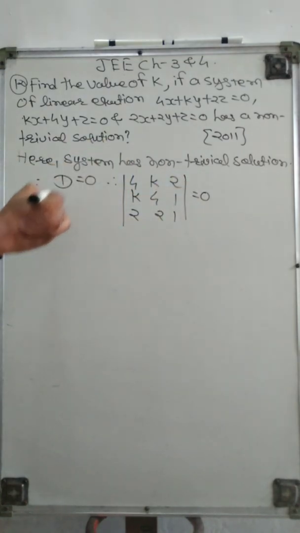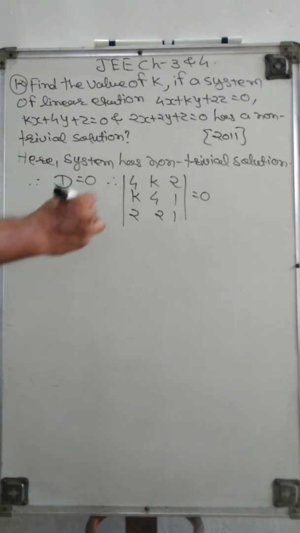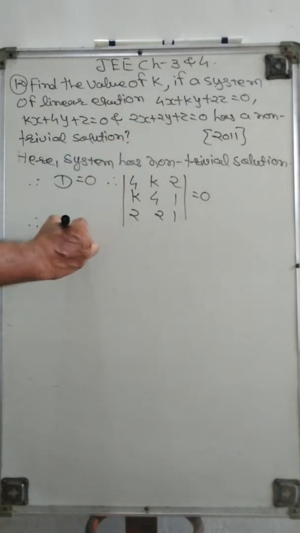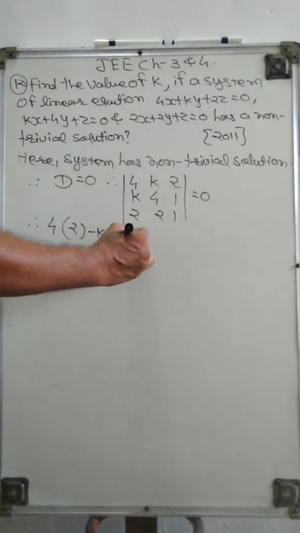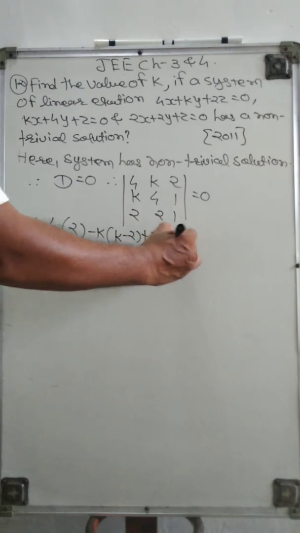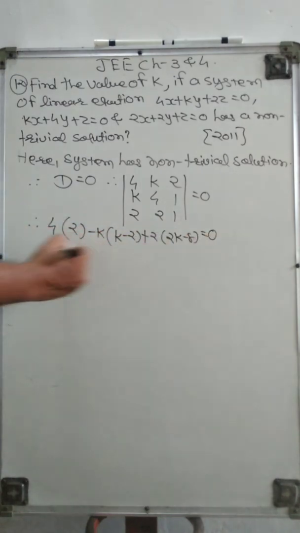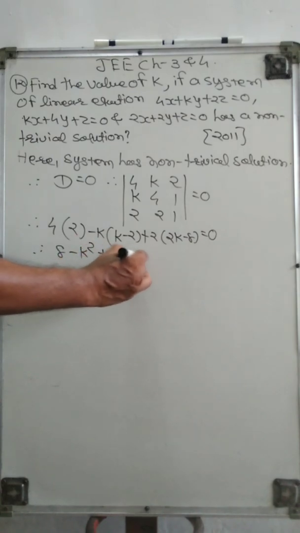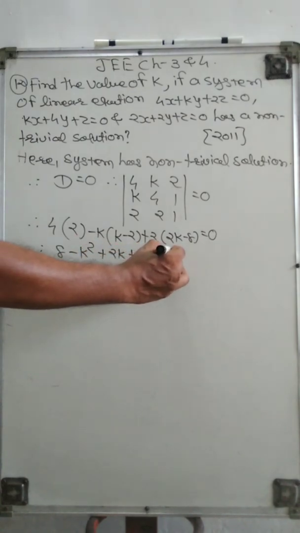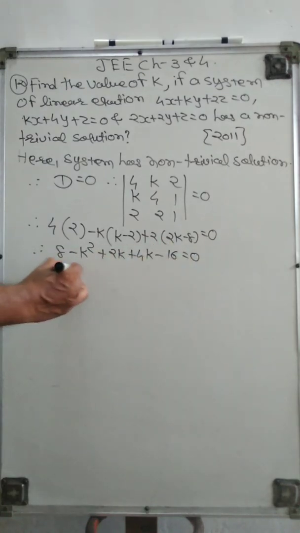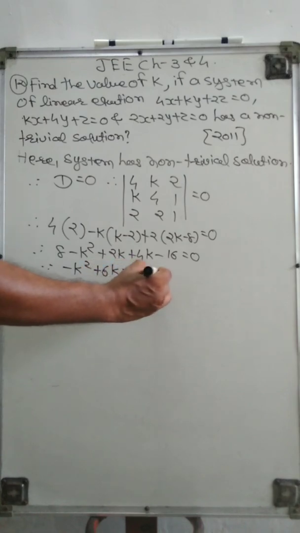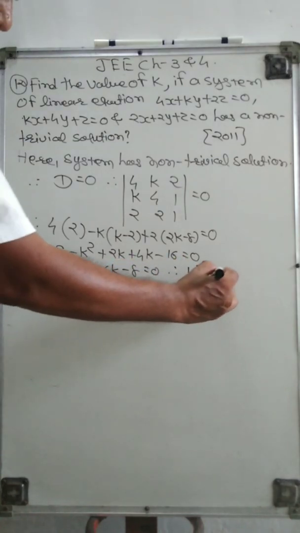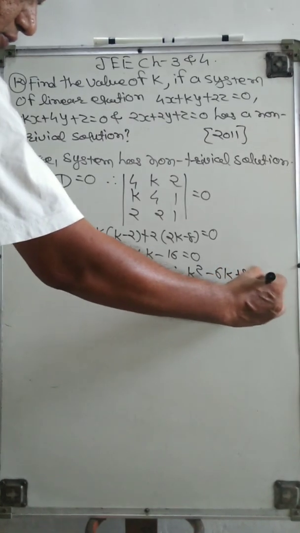Now we simplify and find our answer. 4 times (4 minus 2), then minus k times (k minus 2), plus 2 times (2k minus 8) equal to 0. Now we have a quadratic equation: minus k square plus 6k minus 8 equal to 0, or k square minus 6k plus 8 equal to 0.